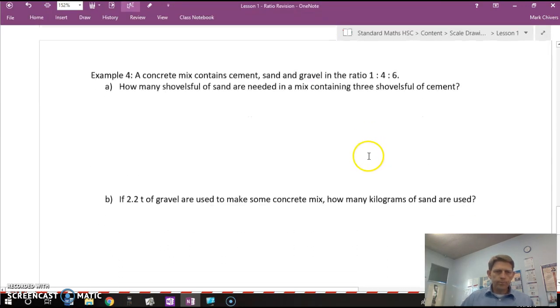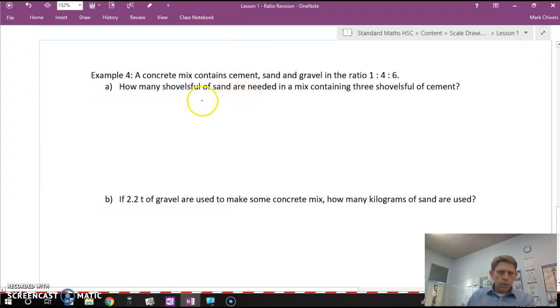Okay, moving right along. A concrete mix contains cement, sand and gravel in the ratio 1:4:6. How many shovelfuls of sand are needed in a mix containing 3 shovelfuls of cement? So cement's what 1 unit is. So if I start with 3 shovelfuls of cement is 1, sand needs to be that middle one.